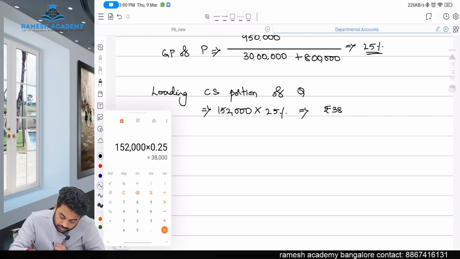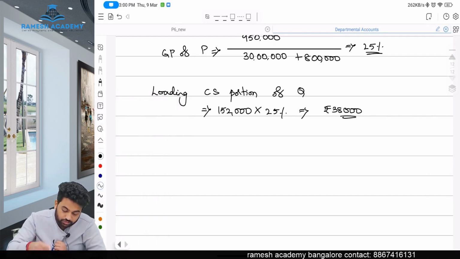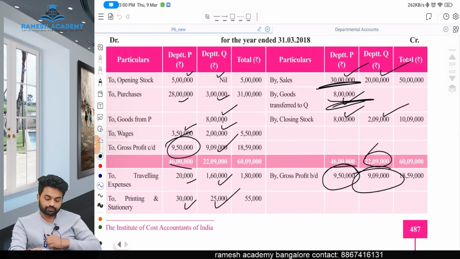Rupees 38,000. Rupees 38,000, that will be shown in the stock reserve.